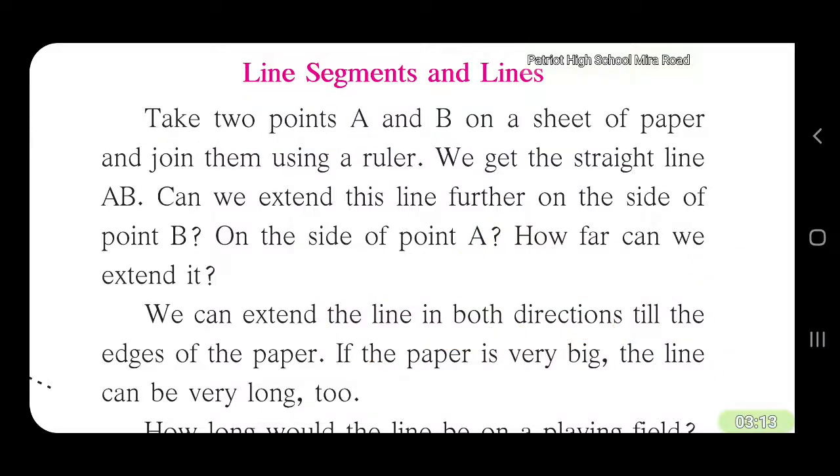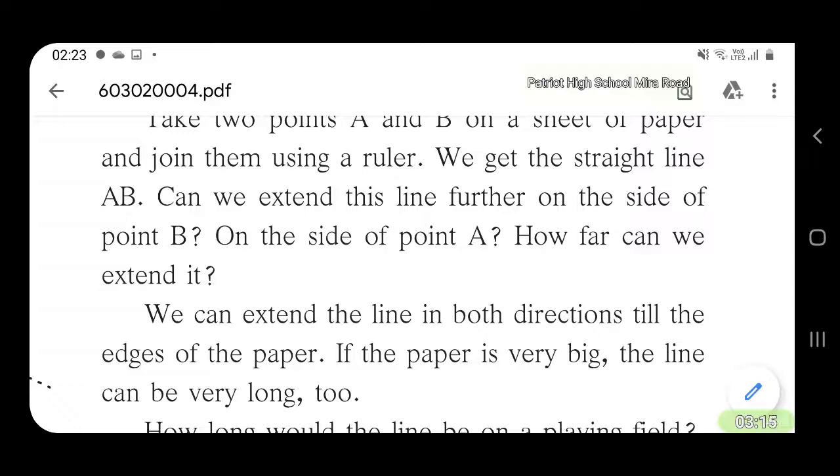So point A and point B, if they are connected, you get a line segment. This is known as a line segment. AB is a line segment.